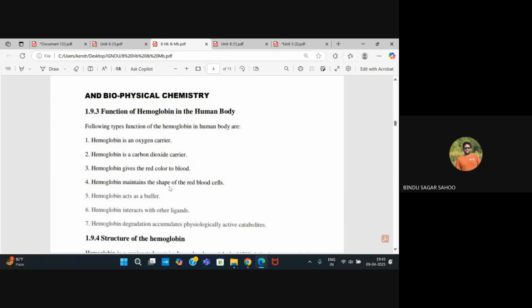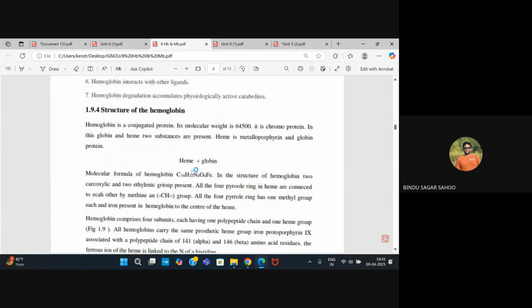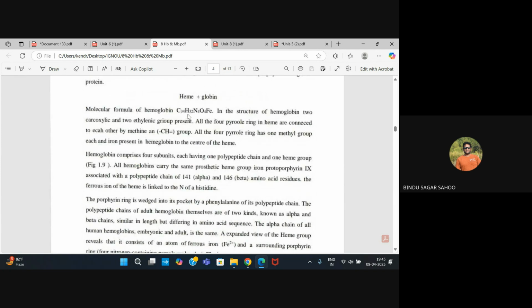Hemoglobin maintains the shape of the red blood cells. You need to remember all these things. Hemoglobin is a composition of heme and globin. The molecular formula of heme is C34 H32 N4 O4 Fe.